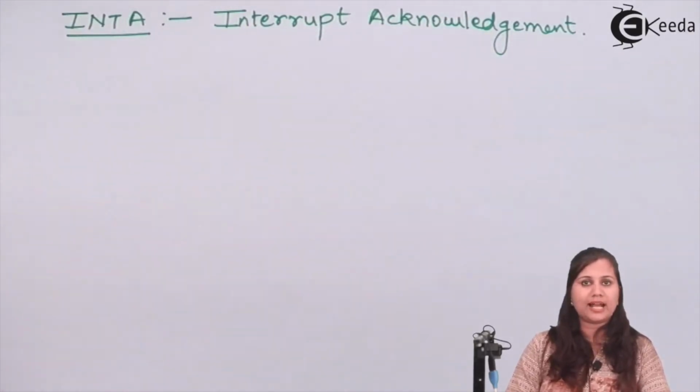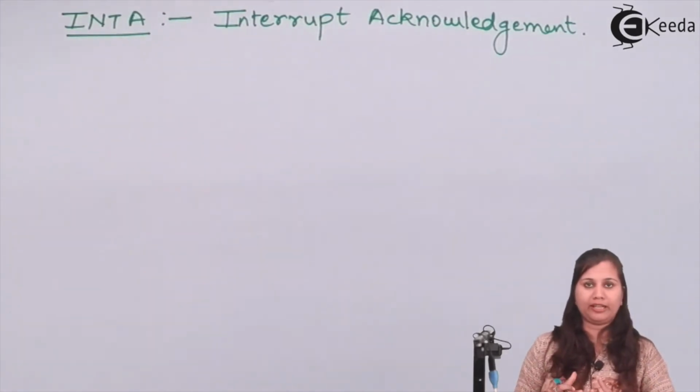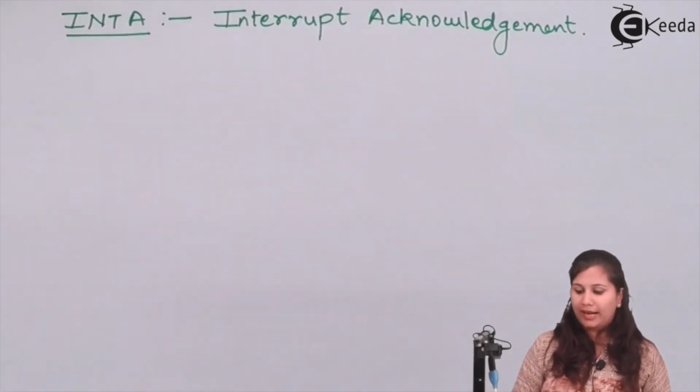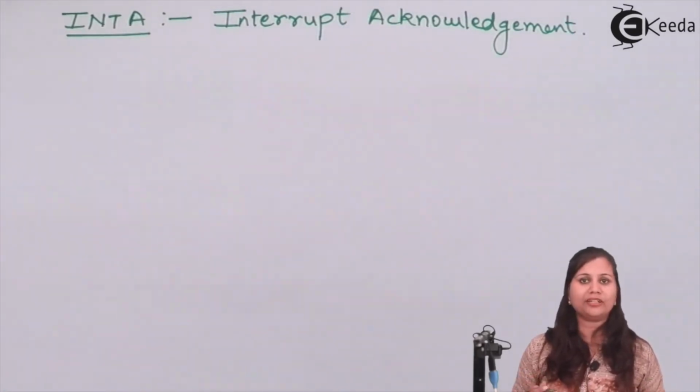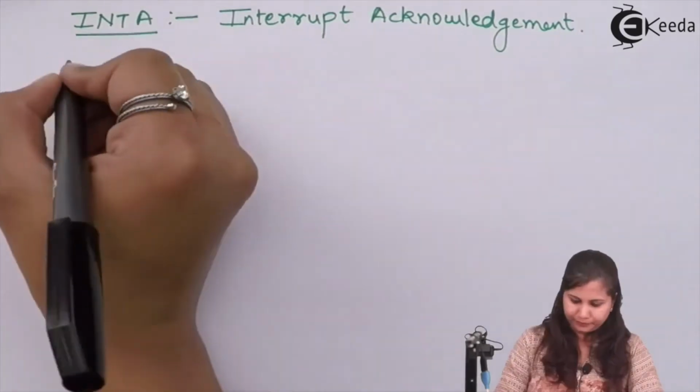This signal means that the microprocessor has received the request of the peripheral devices that they want to interrupt the microprocessor. Okay, so it is kind of an acknowledgement signal.